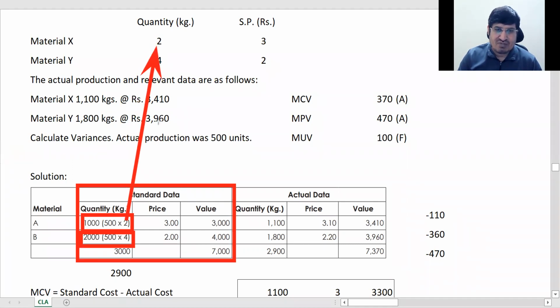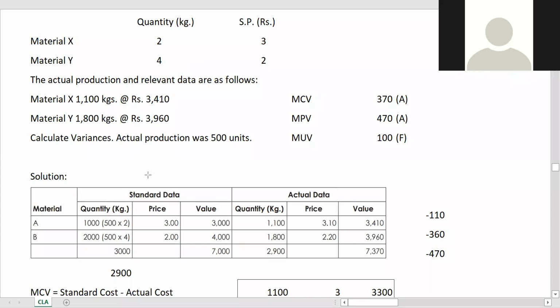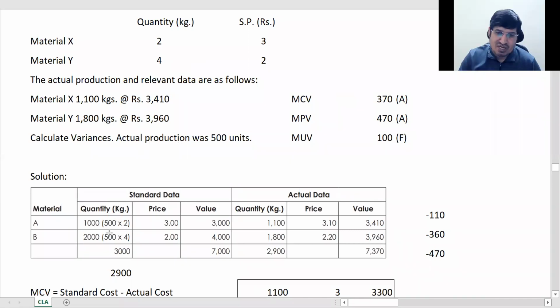This 4 is nothing but this 4. Okay, so and then we calculated for 500. So we multiplied both by 500 and we got the standard.